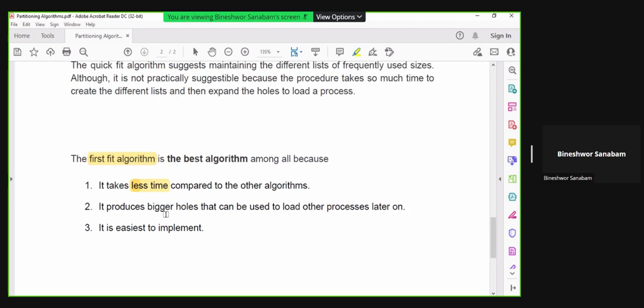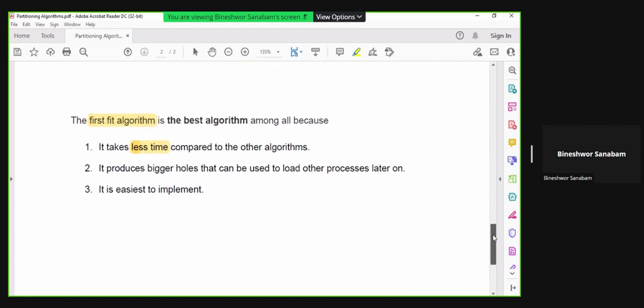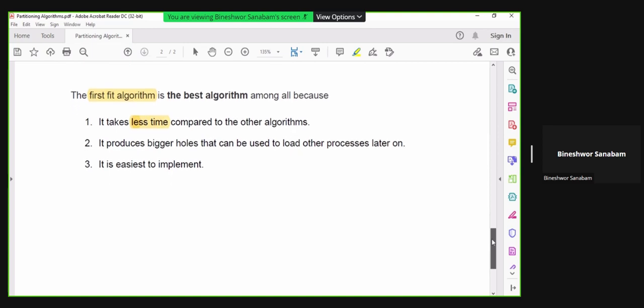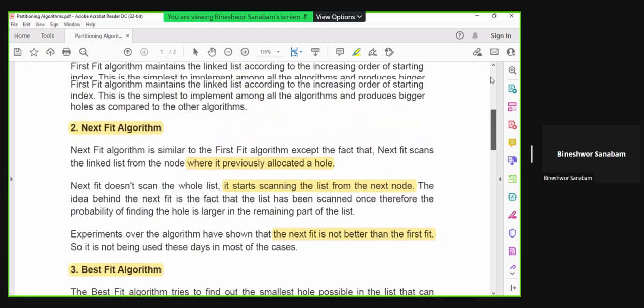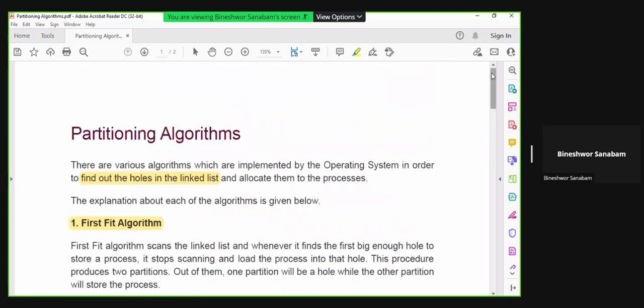When we say first fit, we take the first one that fits, so it leaves the bigger holes for other processes, and it is easy to implement. So these are all about the partitioning algorithms.